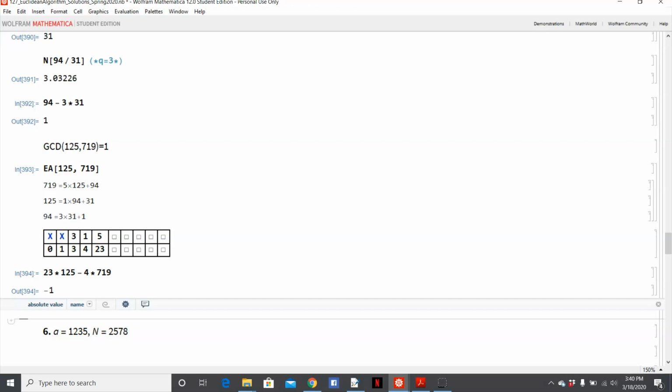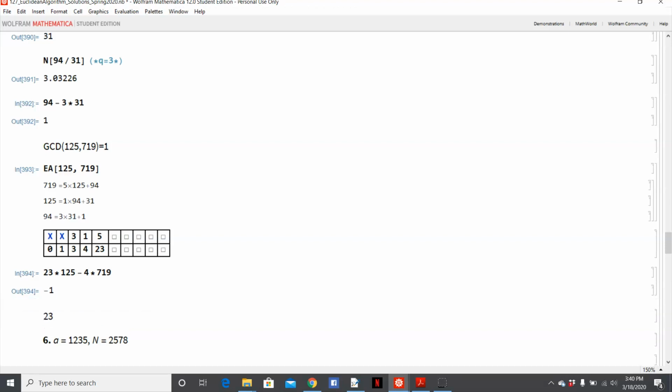Okay, so this is what I warned everybody about with the Euclidean table. It works some of the time, about half. So we've got -1. So that means that 125 inverse, not 23, is -23 mod 719.